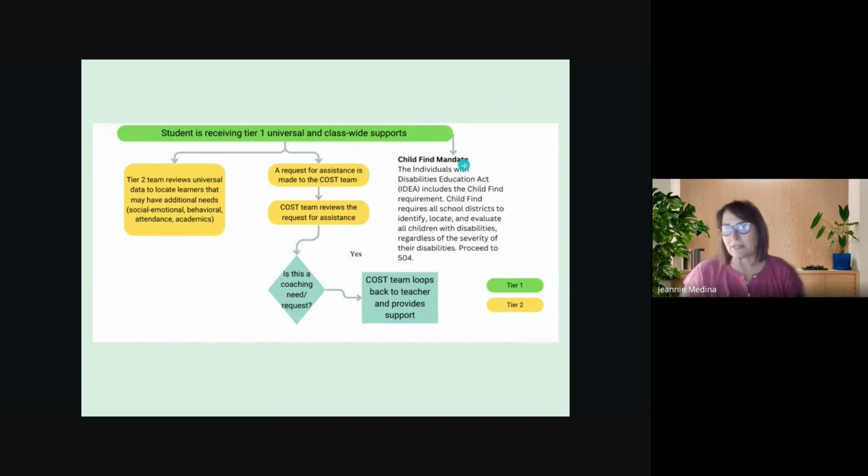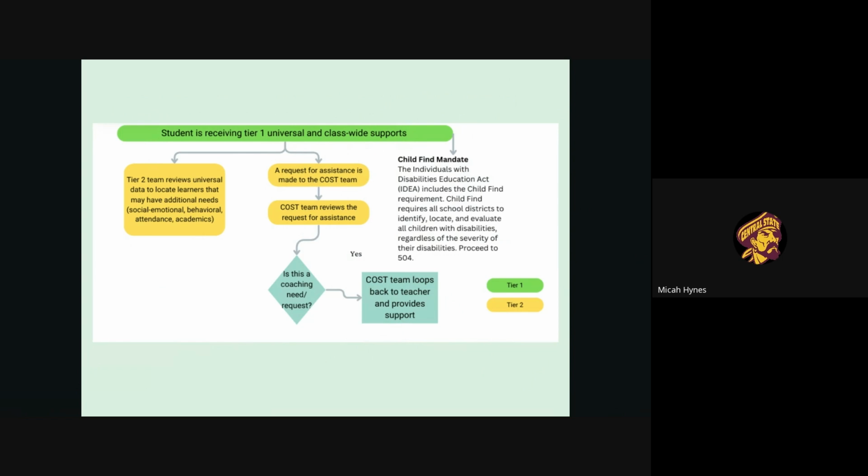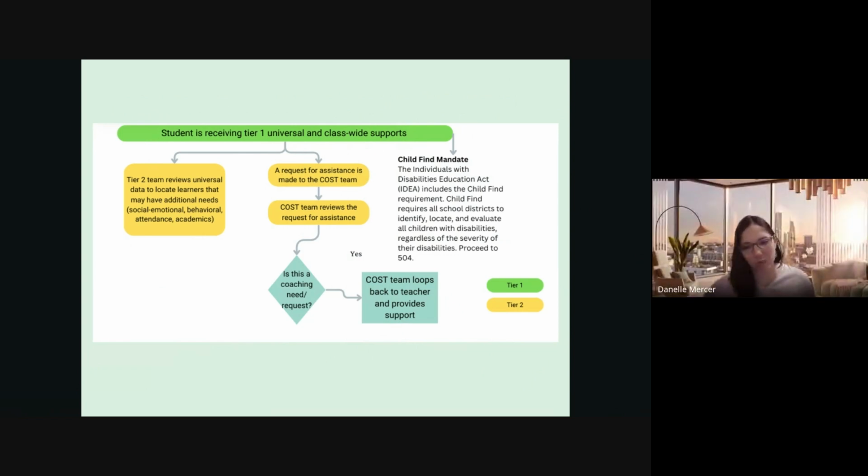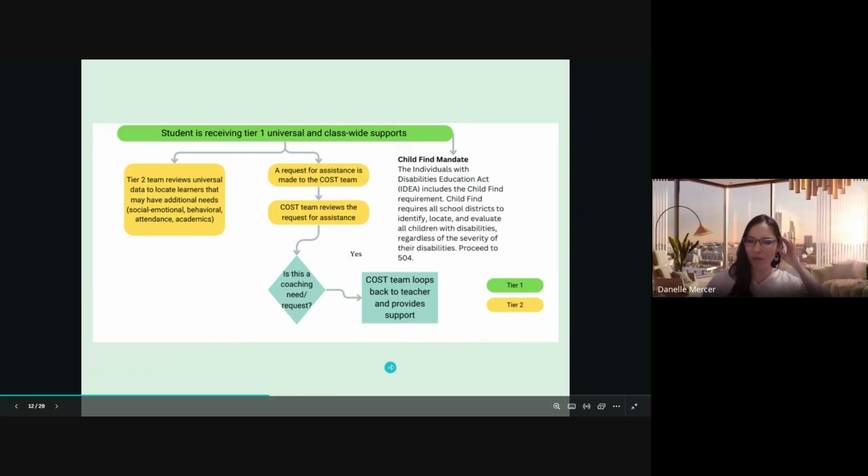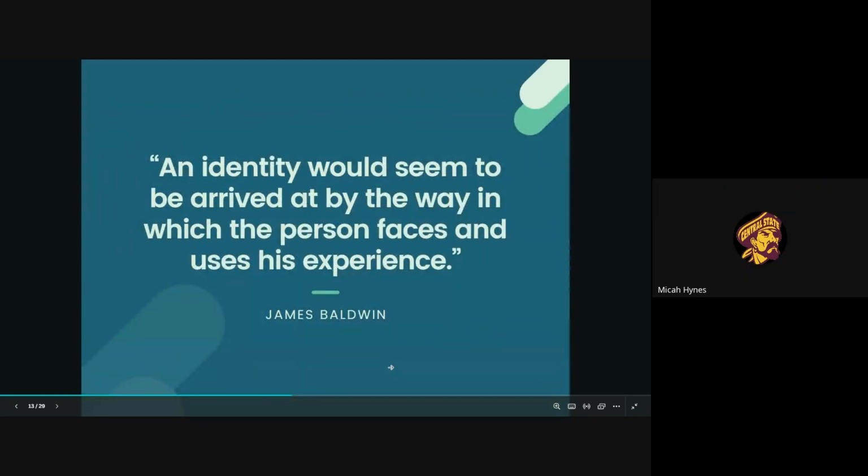If they did come into our class or onto our school site with a diagnosis already, then we could bypass this whole process to an SST and use the child find mandate instead. Awesome. Okay, cool. Does that answer your question a little bit? Yes. Okay. And feel free to keep asking questions as we go through this. Okay, all right. Thank you.